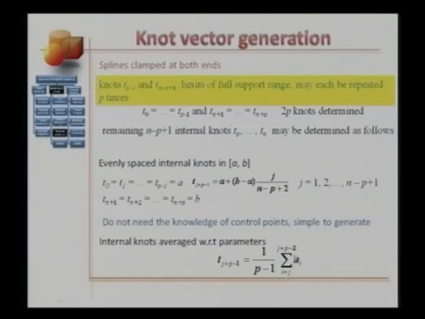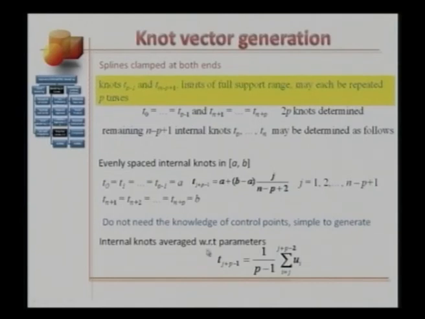These are the parameters we have extracted via the chord length or centripetal parameterization. Here again, T0, T1 up till Tp minus 1, they are all equal to A, and Tn plus 1, Tn plus 2, Tn plus 3 up till Tn plus p are all equal to B.